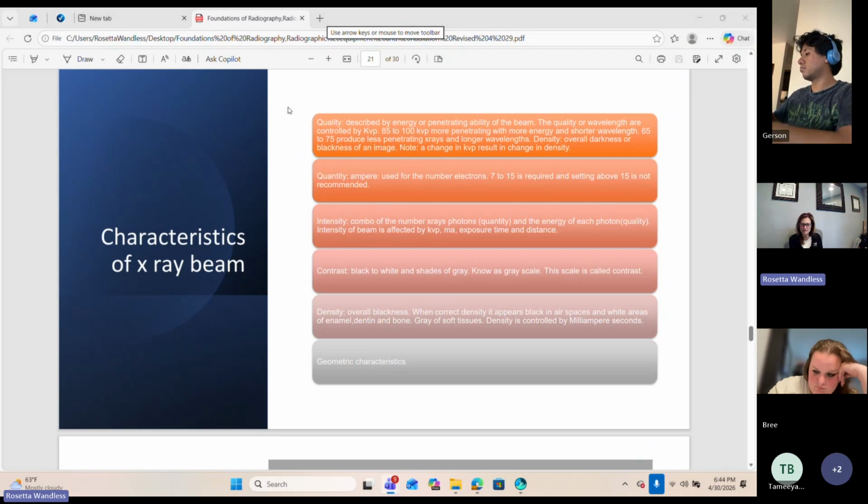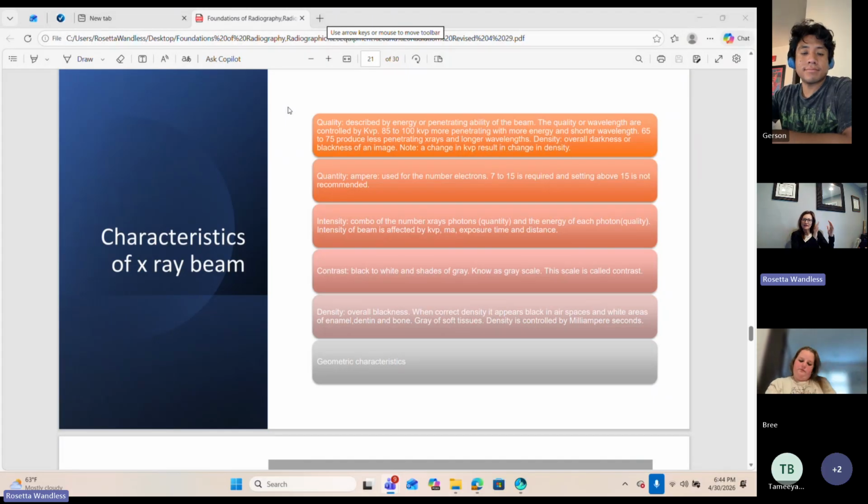So contrast, the definition of contrast actually means grayscale, okay? It's the grayscale. Well, what does that mean? Well, I'm so glad I have black and white on today because now you're going to see what contrast is. So when we want something high contrast, that means we want the blackest of black and the whitest of white.